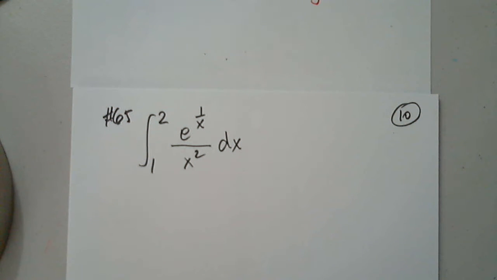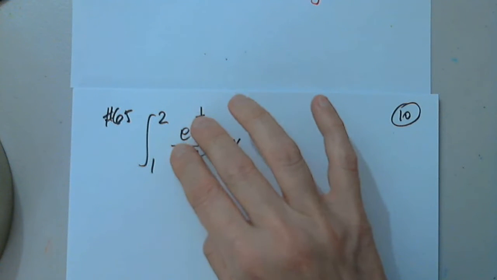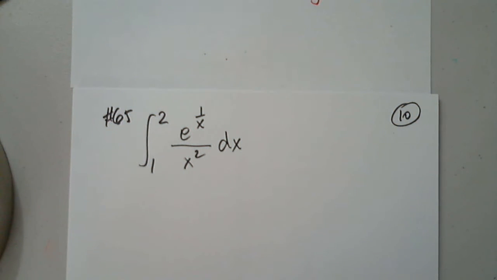Perfect. Good. So what bothers you when you look at this function? Can you say, and this is not a scientific way, I have to admit, it's not a scientific way of finding the substitution, but it's a legitimate way of thinking.